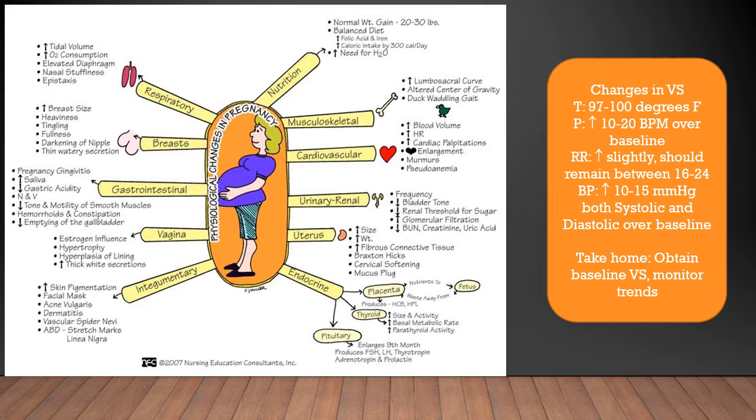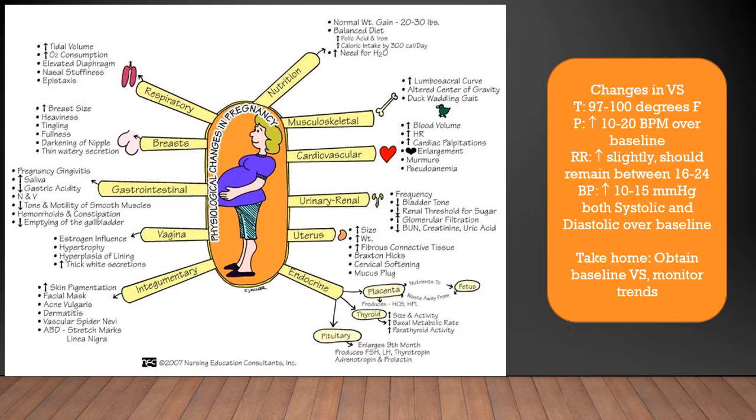There's an increase in coagulation and venous stasis, which puts you at risk for DVTs. And as the baby grows, you're at risk for supine hypotension. Many pregnant women will develop an S3 cardiac sound and varicose veins.